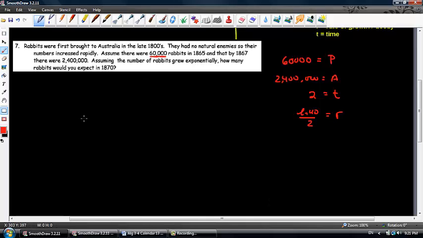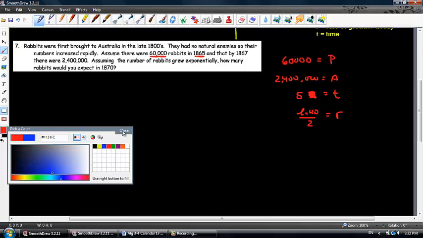Okay, so now what it's saying is, assuming the number of rabbits grew exponentially, how many rabbits would you expect in 1870? So I can do this one of two ways. If I choose 1865 as my initial year, then 1870 is 5 years later, which means that t needs to be 5.